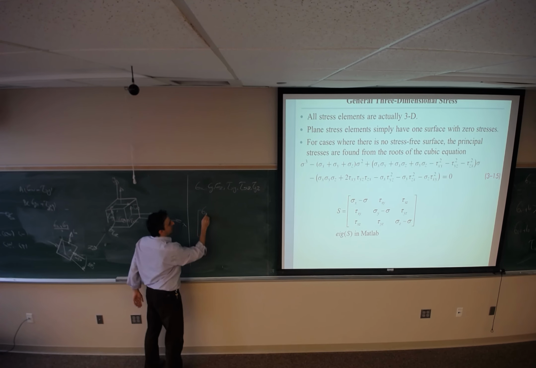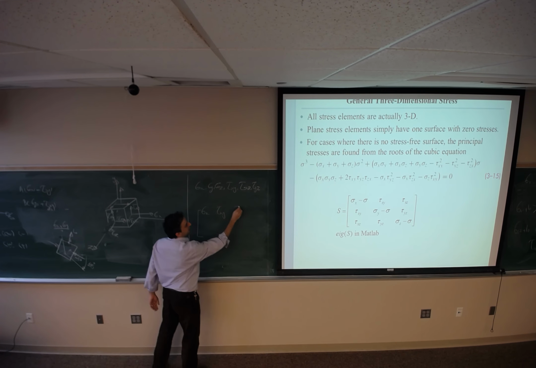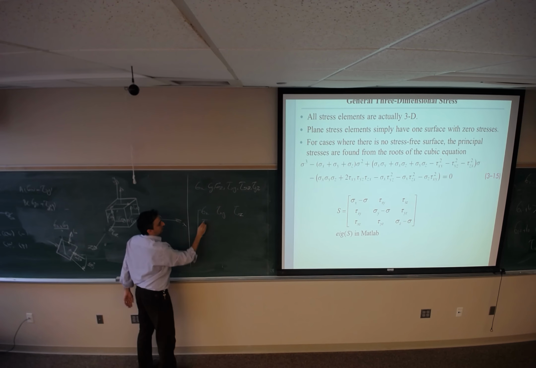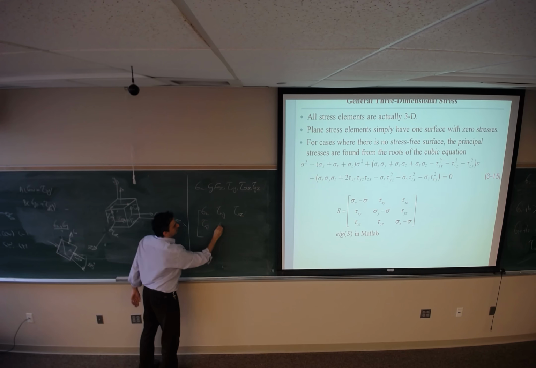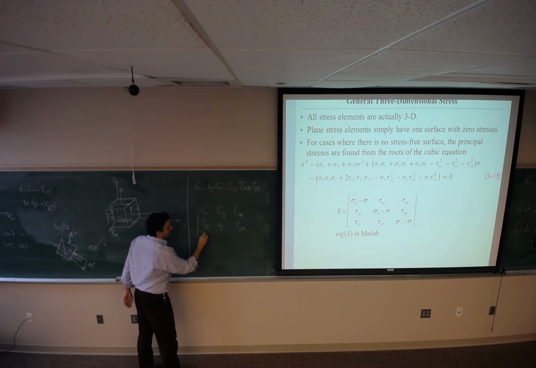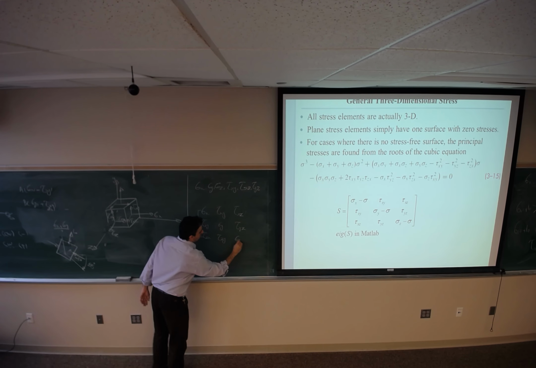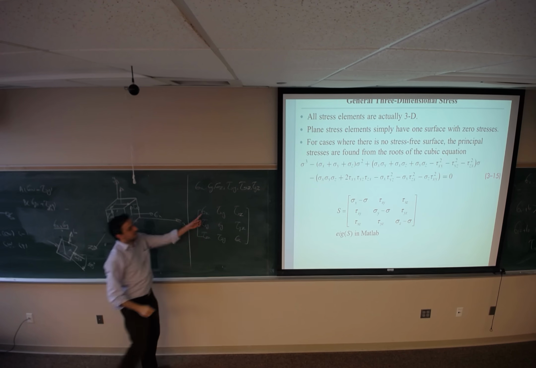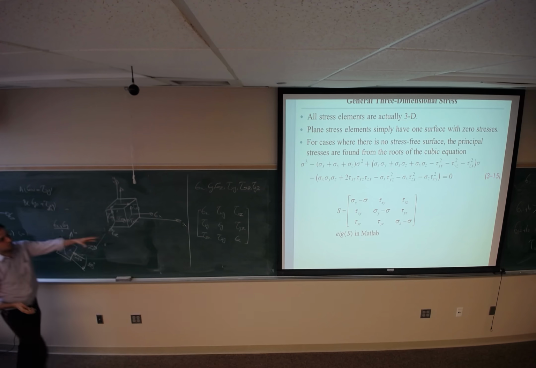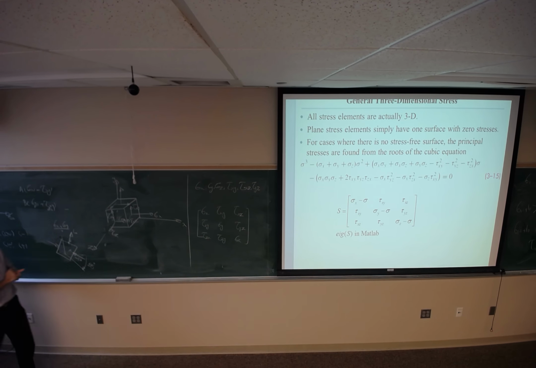Sigma x, whatever its value, put it there, then tau xy, tau xz, and put the values in the matrix form and try to find the eigenvalues of the matrix.